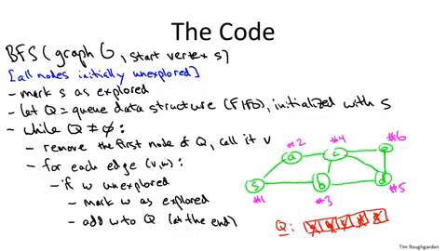And to see how this simulates the notion of the layers that we were discussing in the previous slide, notice that the nodes are numbered according to the layer that they're in. So S was layer 0, and then the 2 nodes that S caused to get added to the queue, the A and the B, are numbered 2 and 3. And the nodes of layer 2 are precisely the ones that got added to the queue while we were processing the nodes from layer 1.